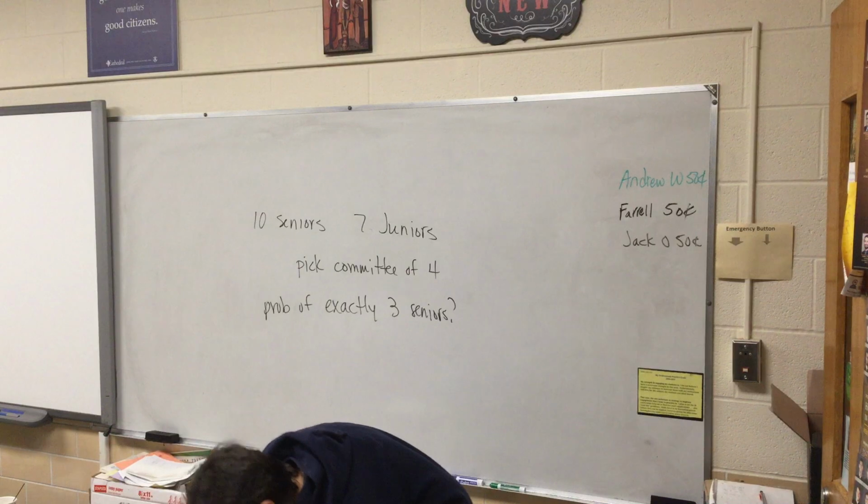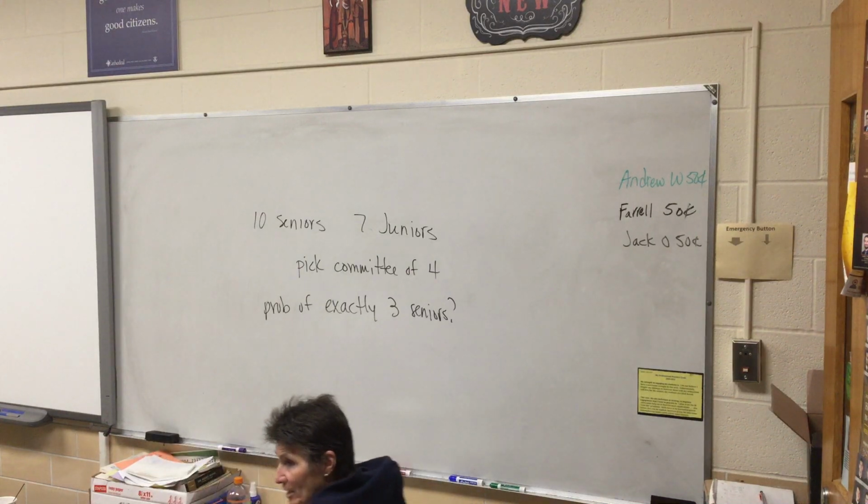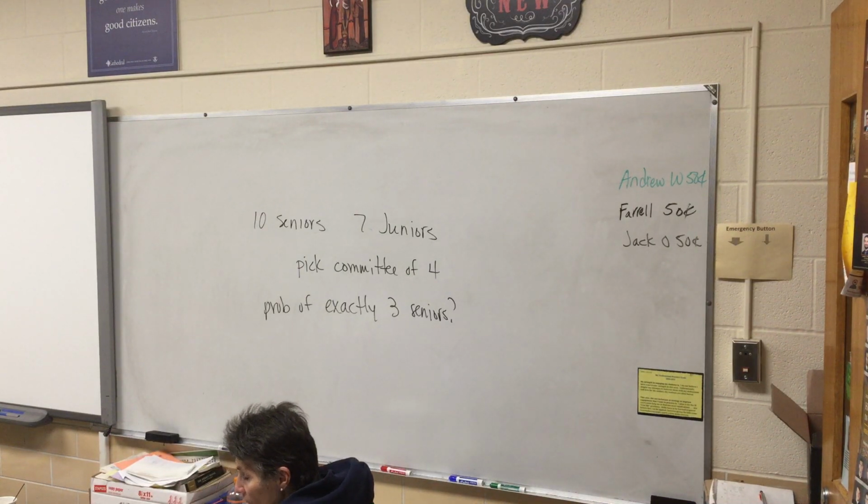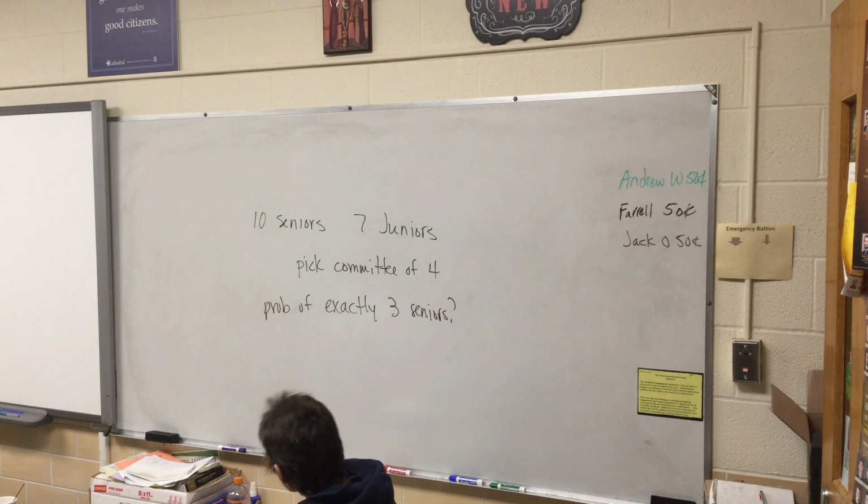Now, I hope you see that this is very much like a card problem. In a card problem, you have hearts and diamonds and spades and all that. In this problem, I just have two categories. I have juniors and I have seniors.